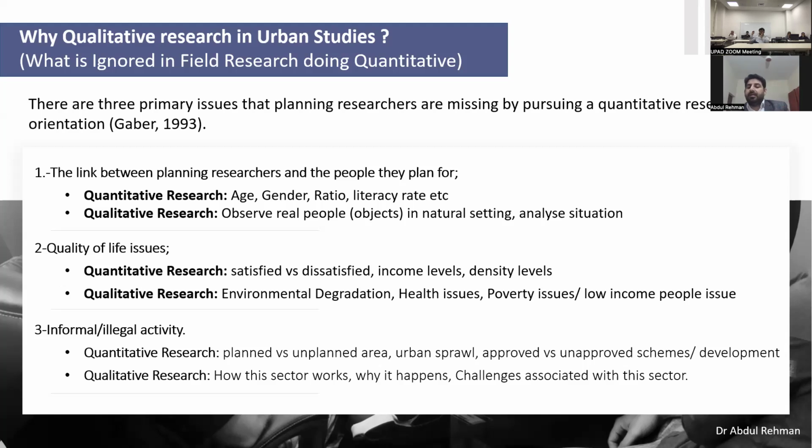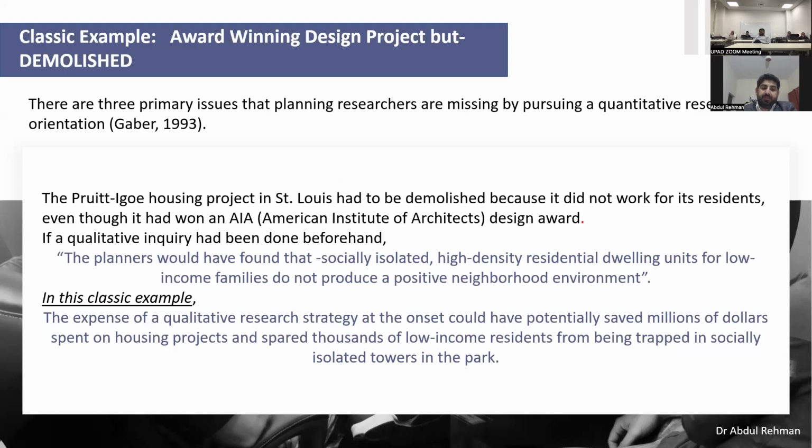How this sector works, why it happens, what challenges are associated with the sector, why the people are low income, what are the reasons that designs fail, why people choose to go for high rise, or why they go for coastal lines. These are the answers which we will get through qualitative research.